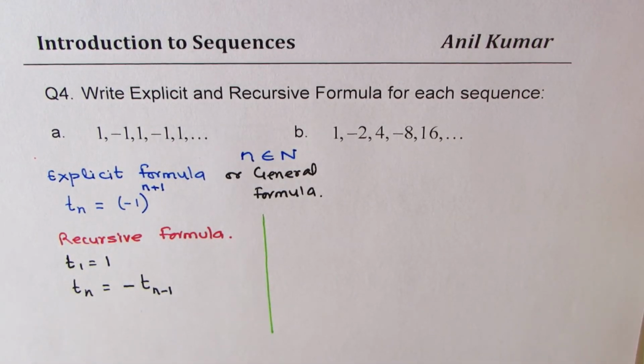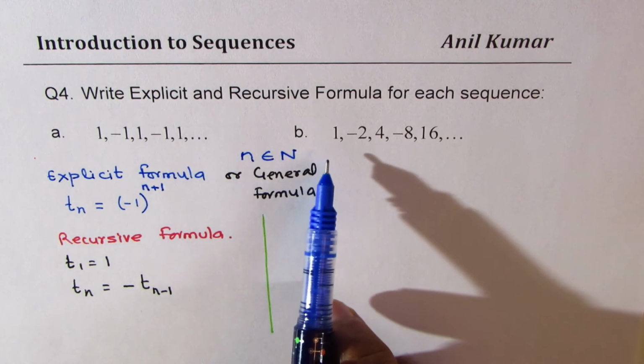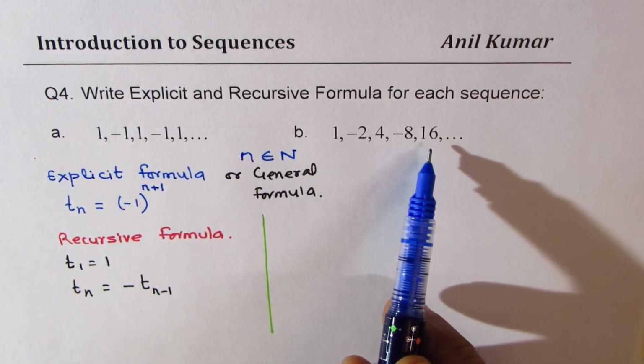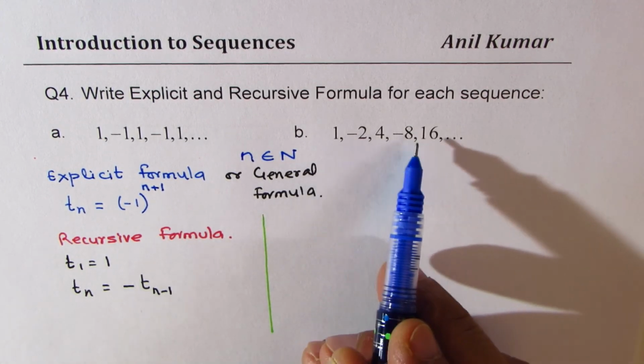Now let's take up the next example, which is alternately negative as we had in this case, but the numbers are 1, 2, 4, 8, 16, and so on. Now in this case, what could be the formula? Well, here we are going by powers of 2.